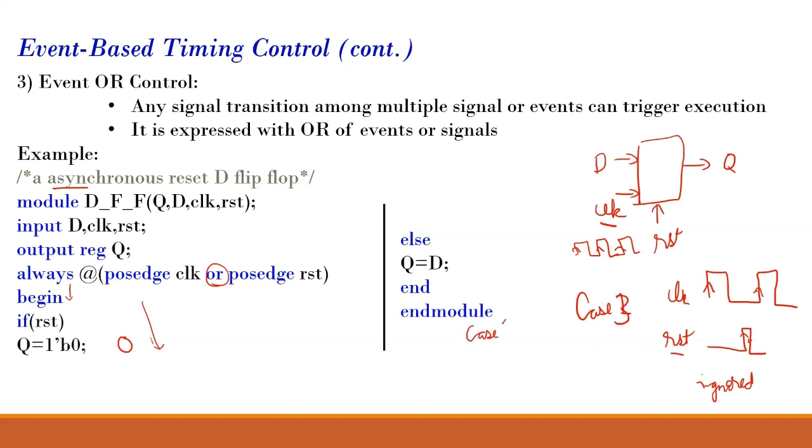In case 1, this reset would have been ignored. But if it comes at the rising edge, then the reset would be done for case 1. That would be done for both case 1 and case 3. But in case 3, this part also is taken into account, which could be missed in case 1.